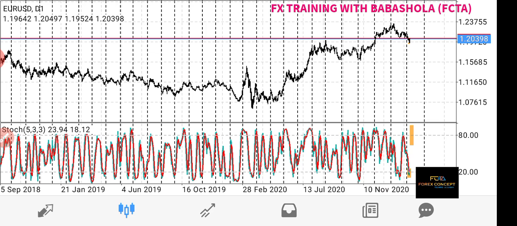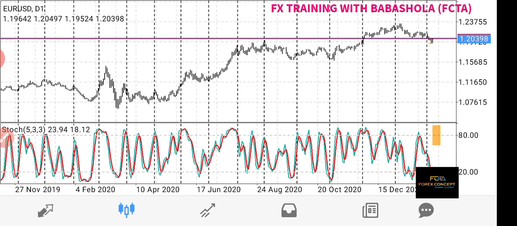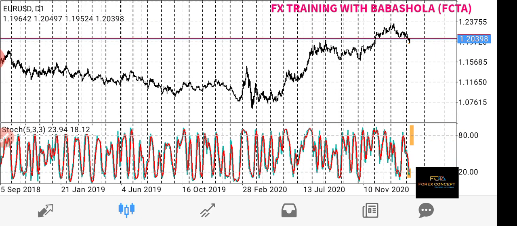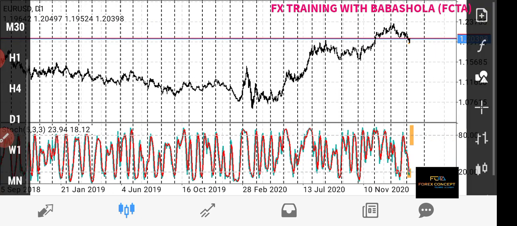So let's use a tool that will help us to know where the trend can retrace to, and that will take us to Fibonacci retracement.